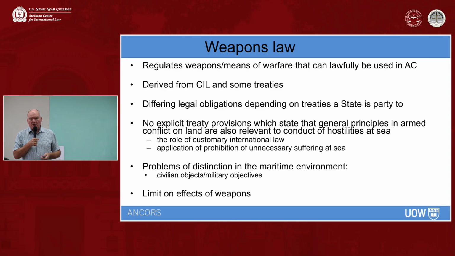On the maritime environment, we've also talked about it, and Martin mentioned the vastness of the maritime environment, and that some of the principles such as distinction and the impact of collateral damage might not have such an impact on the weapons choice that you make when you're conducting armed conflict at sea.